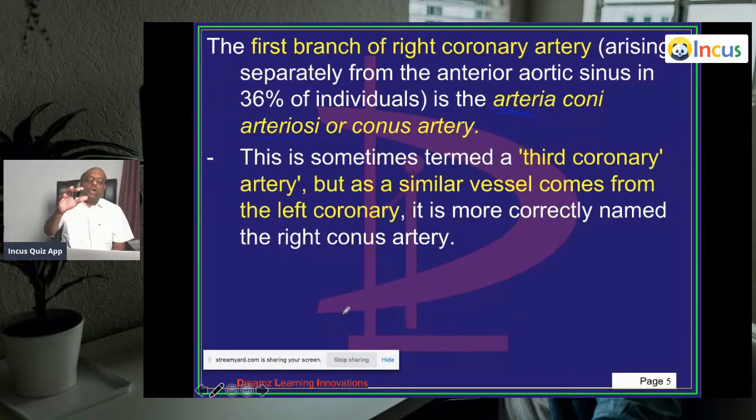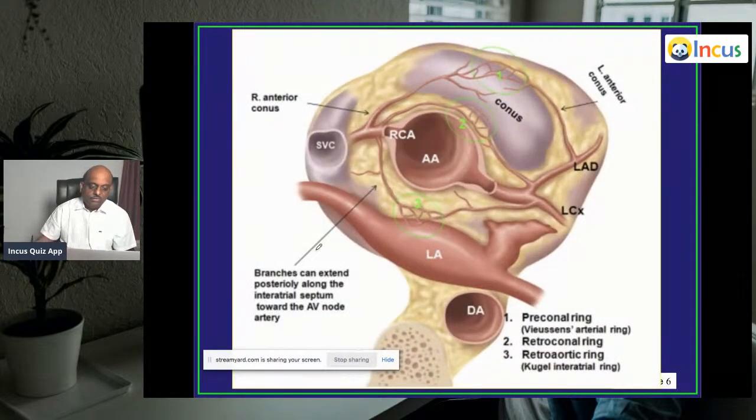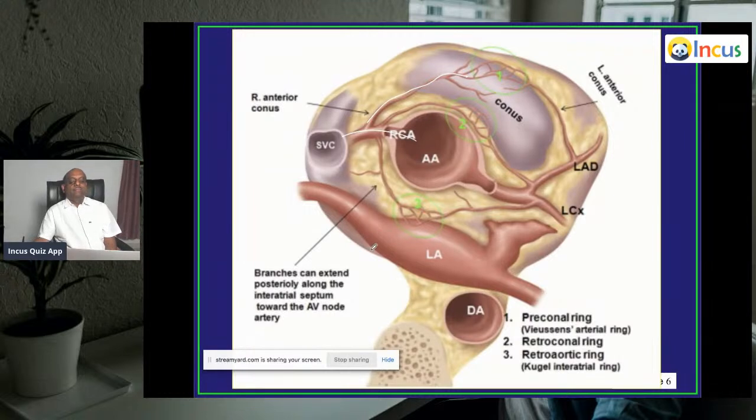This is sometimes called third coronary, but a similar kind of a conus artery also comes from left coronary. That's the reason better we call it as right conus, left conus. So you can see the right coronary artery will be giving rise to right anterior conus artery.